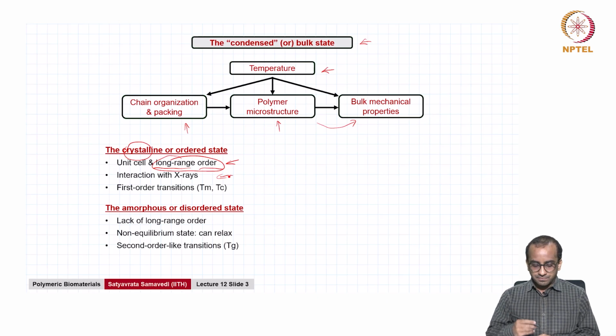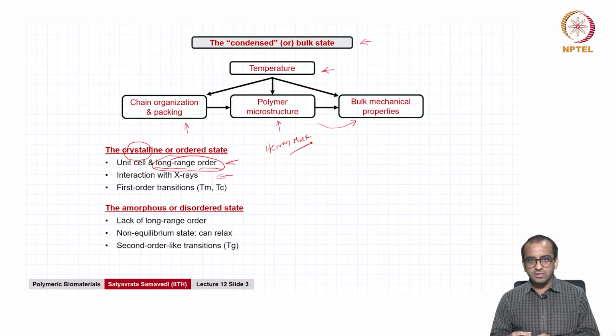In fact, one of the leading scientists whom we should sort of invoke at this point was a scientist called Hermann Mark, who is sometimes called the father of polymer science. He is a very, very important figure in polymer physics, and he lived right before the World War and lived through the World War.